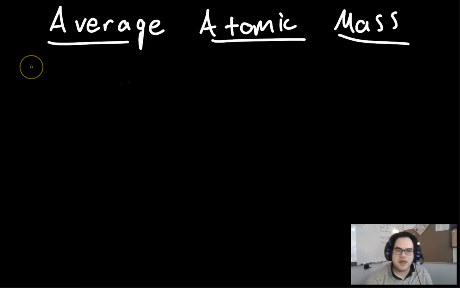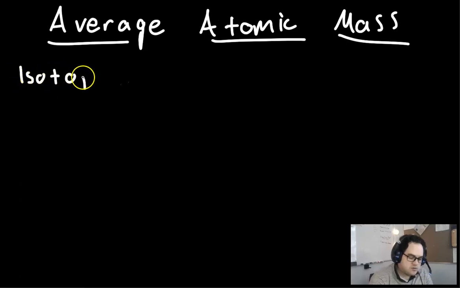So, I'm going to set up a table just to help keep things organized a little bit. I'm going to write down isotope. Abundance.